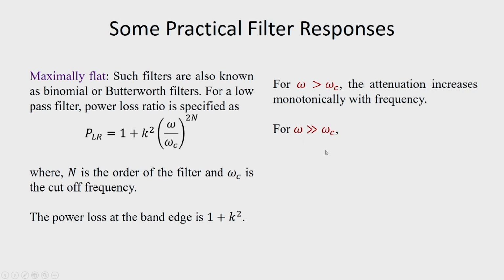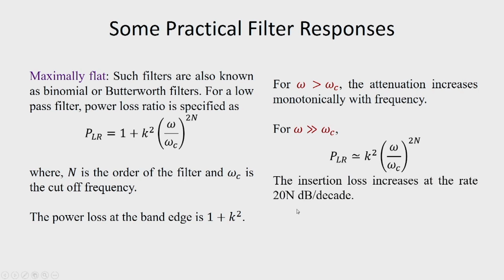very large compared to omega c, we can approximate PLR to be equal to k square omega by omega c raised to the power 2N, and therefore, the insertion loss increases at the rate 20N dB per decade when omega is much larger compared to omega c.